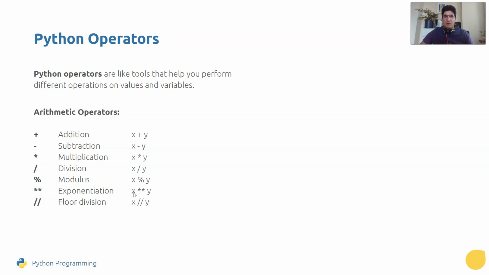For example, 2 exponentiation 3 means multiply 2 three times by itself. It means 2 times 2 times 2.